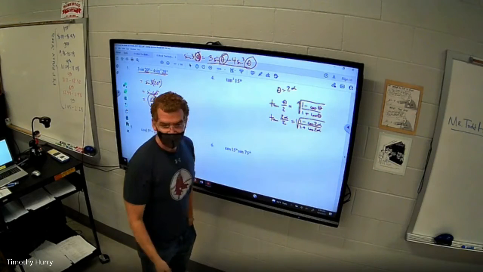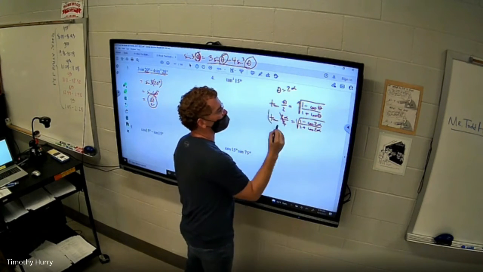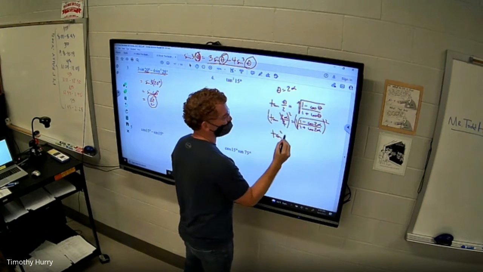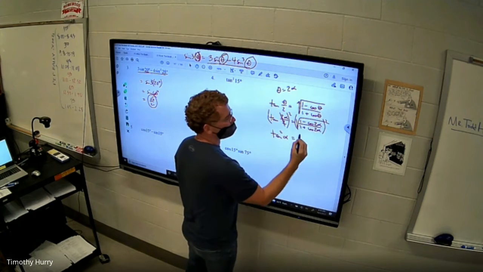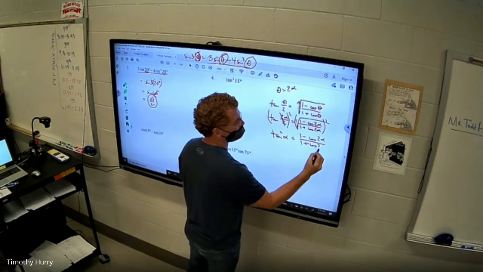Right? And then I squared both sides. And that cancels. Then I square both sides. What do I get? Tangent squared alpha equals 1 minus cosine 2 alpha over 1 plus cosine 2 alpha.